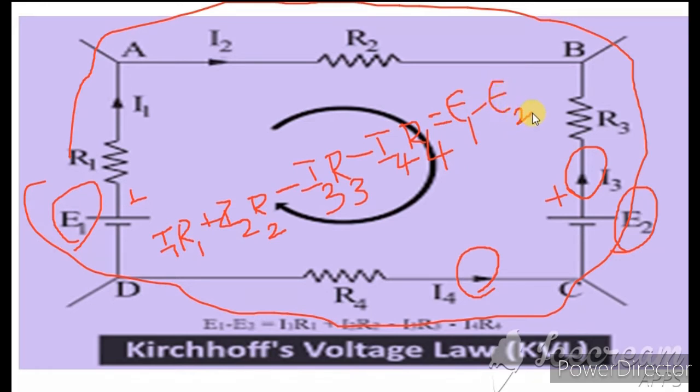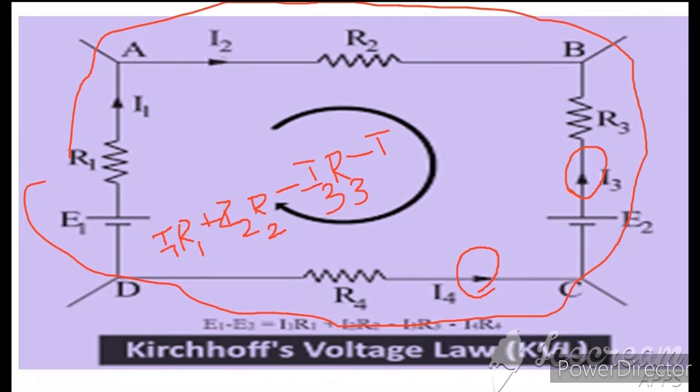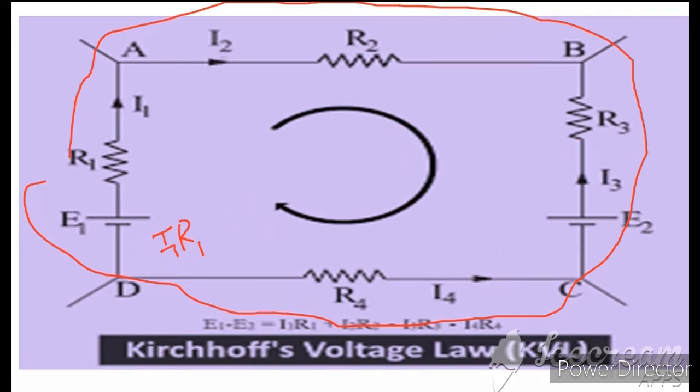Positive to positive it is moving, so we are writing as minus. Okay. So clear with this? We have to know in what direction the current and the resistance are moving, and also in what direction the EMFs are moving. Only then we will be able to write with this voltage law.